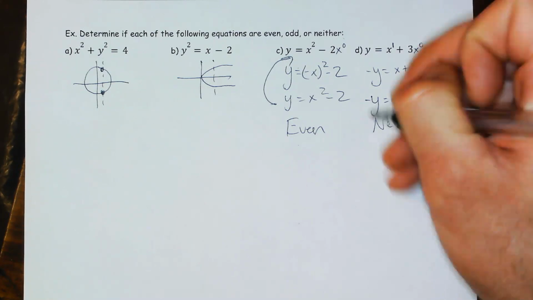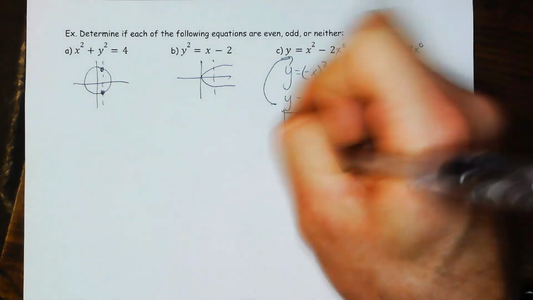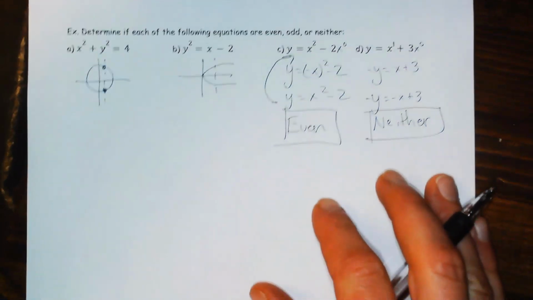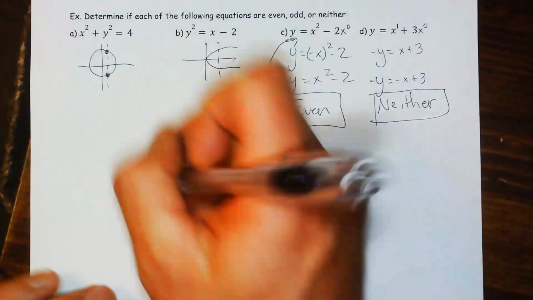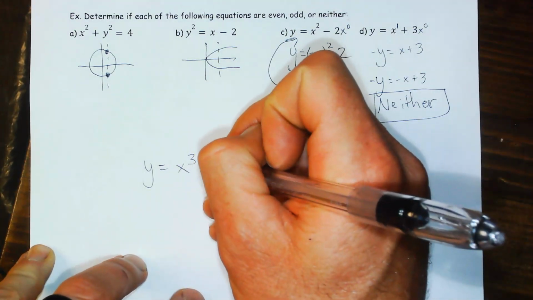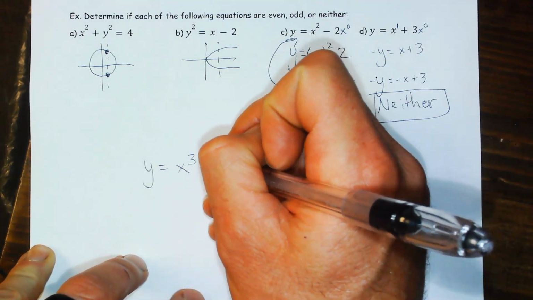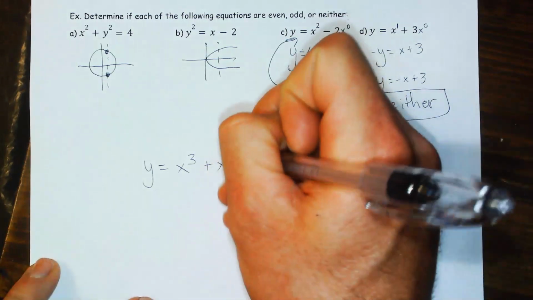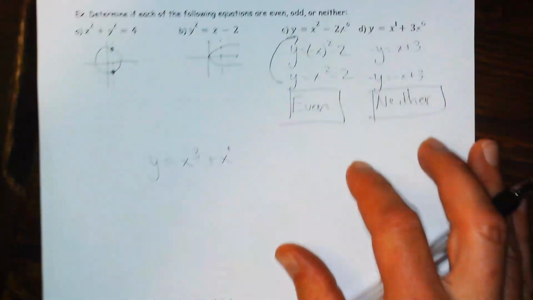One thing I probably should have included, but just to touch on it while I have some blank space in the video, something that's odd. So if I have y equals x cubed plus x, do you see how both of those exponents are odd exponents?